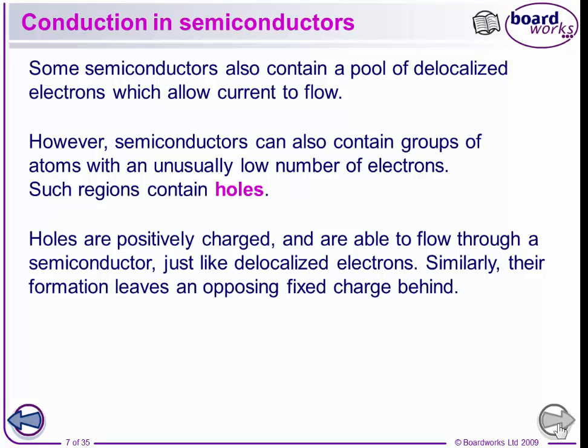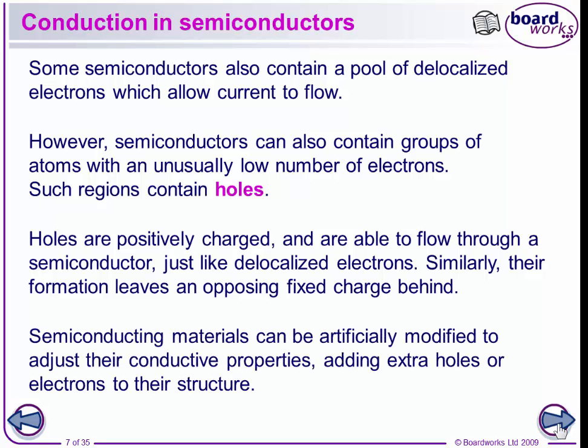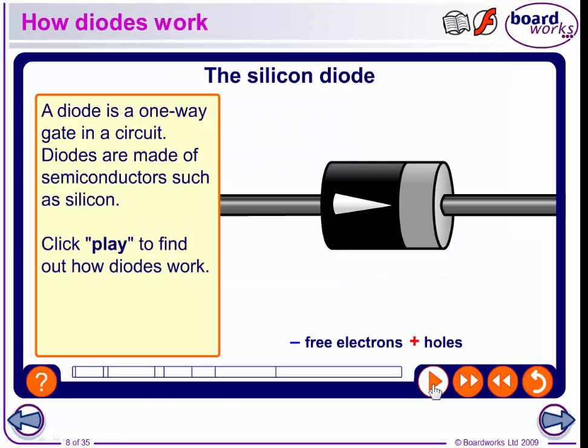Similarly, their formation leaves an opposing fixed charge behind. Semiconductive materials can be artificially modified to adjust their conductive properties, adding extra holes or electrons to their structure. So a diode is a one-way gate in a circuit, and diodes are made of semiconductors such as silicon.